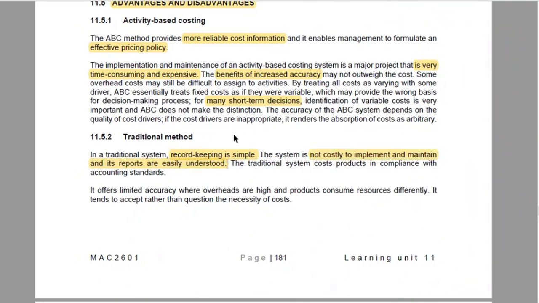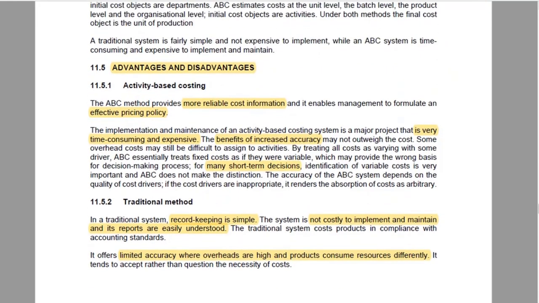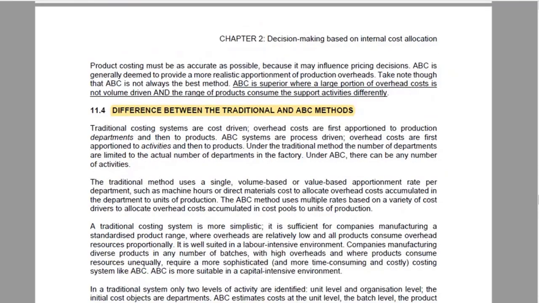And it's easily understood, right? But your accuracy of allocating your overheads is very limited, because products consume cost differently. So that is the theory for ABC.